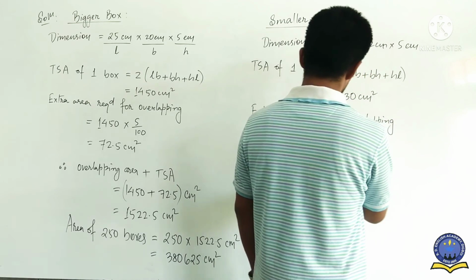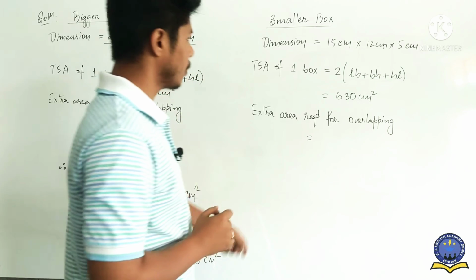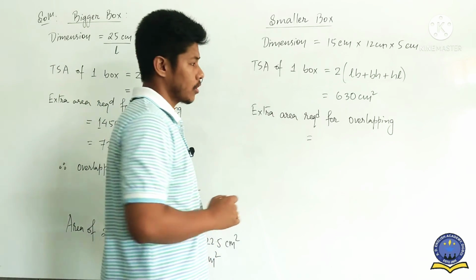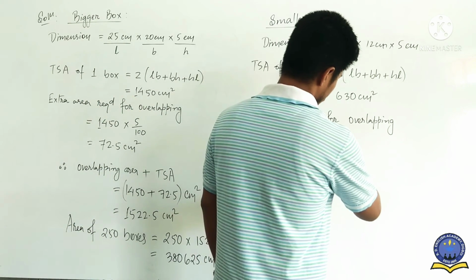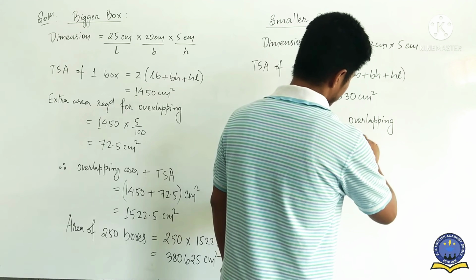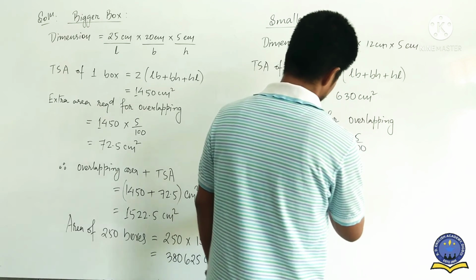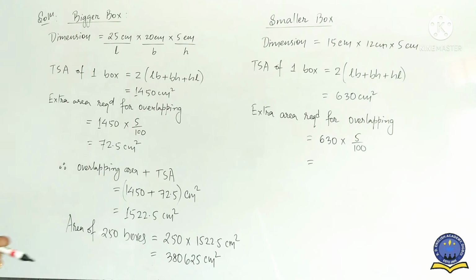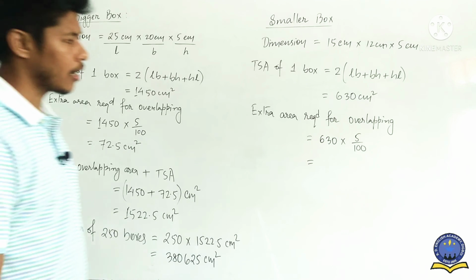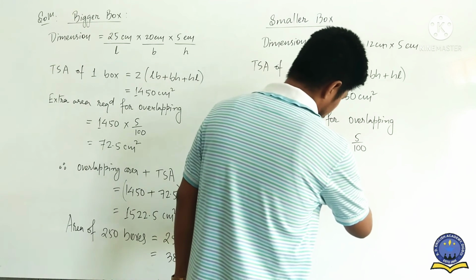The total surface area of one box is how much? 630. So we write 630 into 5%. 5% means we can write 5 by 100, isn't it? This is the extra area required for overlapping. If we calculate this, we get 31.5 centimeter square.